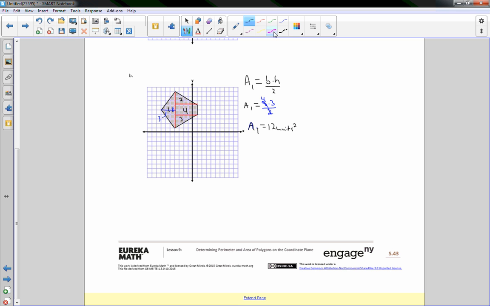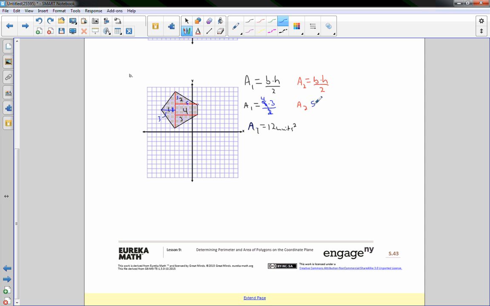Now area 2 is a triangle, so it's going to be base times height divided by 2. This is 3, and this is 1, 2, 3, 4, 5. This is a distance of 5.